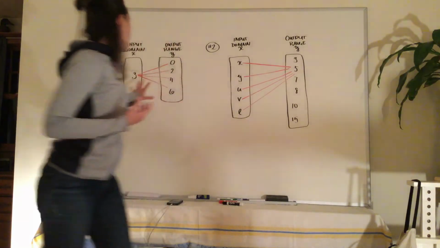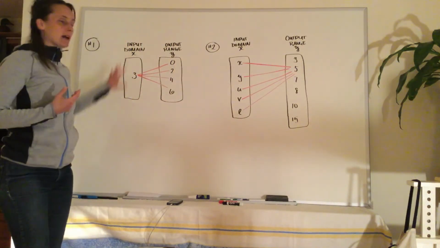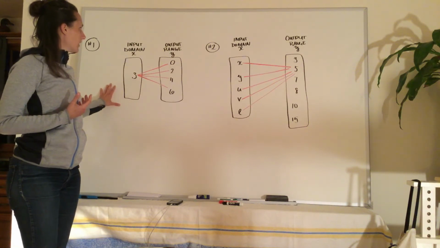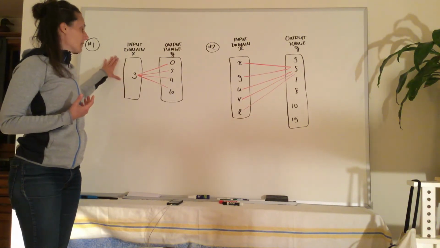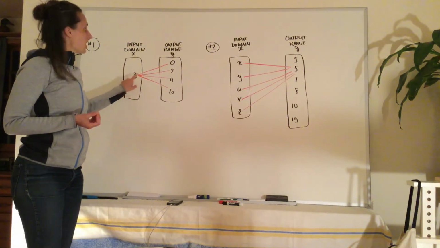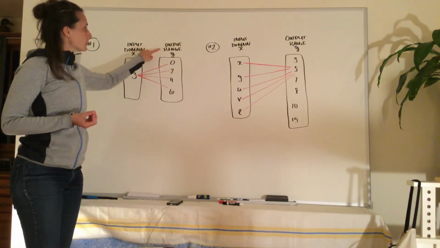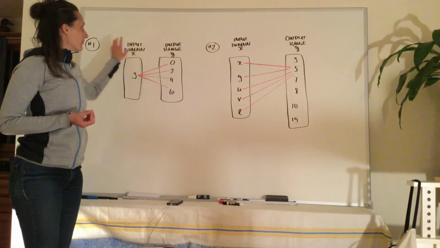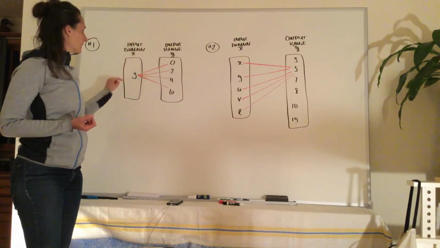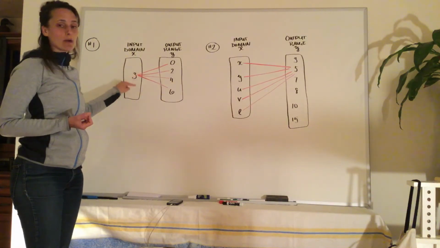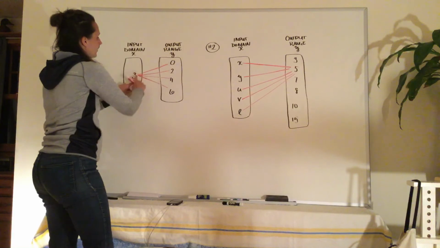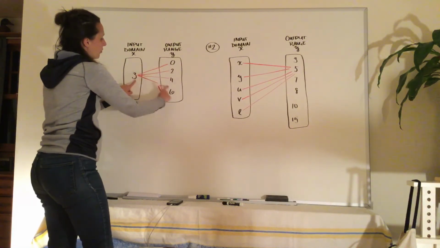So we're going to start with number 1. I set it up, so if you look at your classwork from yesterday or your work today, this is number 1. My first bubble is the input, domain or x, and that means it's only the 3. On the second, we have the output, range or y. Every input has to have only one output. So what we do is we look at the input and we count how many arrows are coming out of it. In this one, I'm going to count 1, 2, 3, 4 arrows.